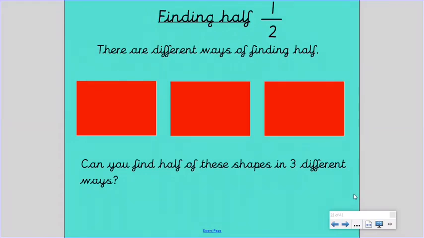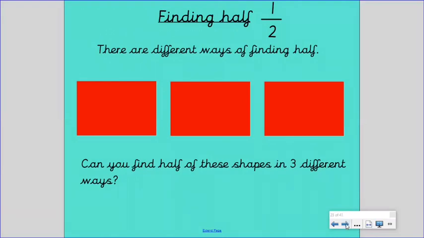Sometimes there are different ways that we can find half, okay, instead of just splitting it straight down the middle from top to bottom. So here are 3 rectangles. Can you find half of these shapes in 3 different ways? You'll need to pause the screen here and think about 3 different ways that you could find half of these shapes. Okay, you ready?